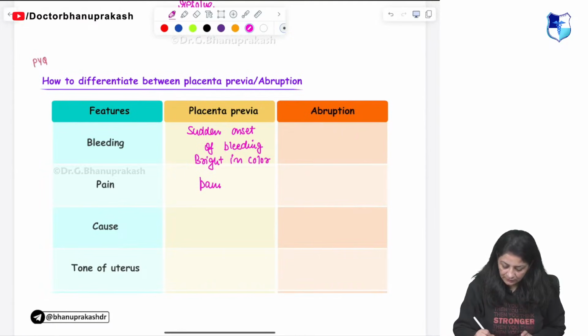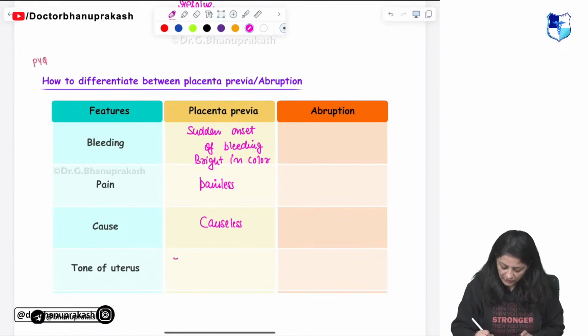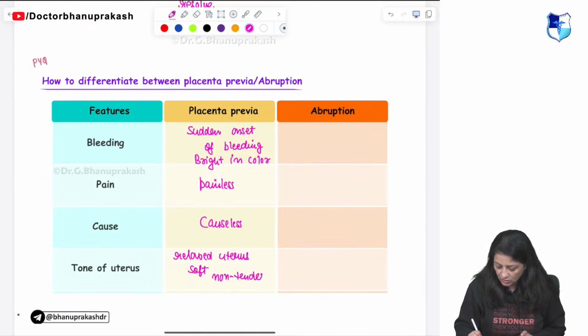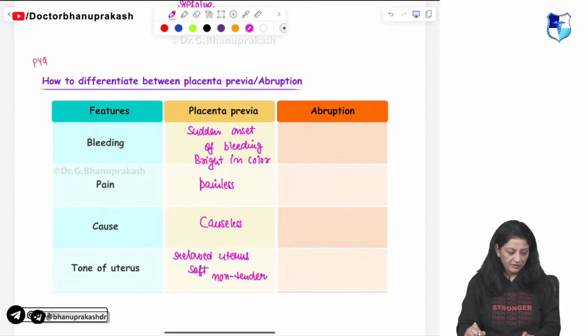Painless bleeding and causeless bleeding. The uterus is relaxed, soft, and non-tender in placenta previa.